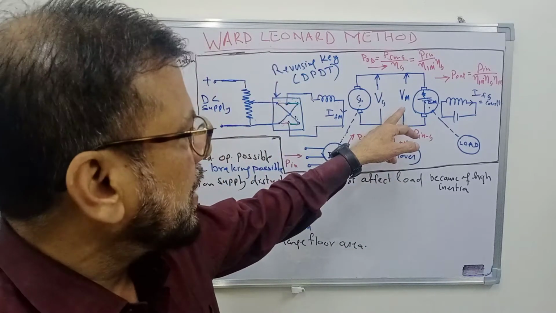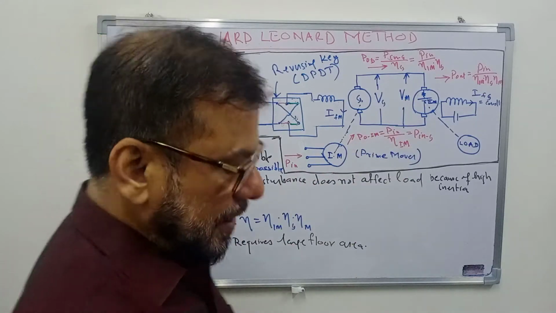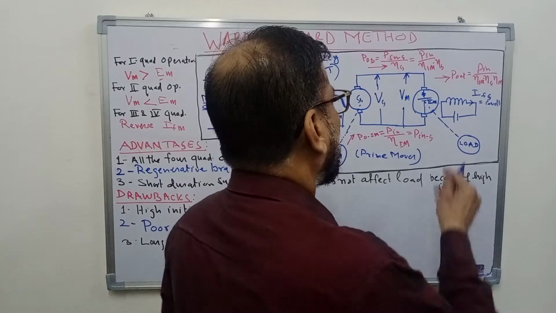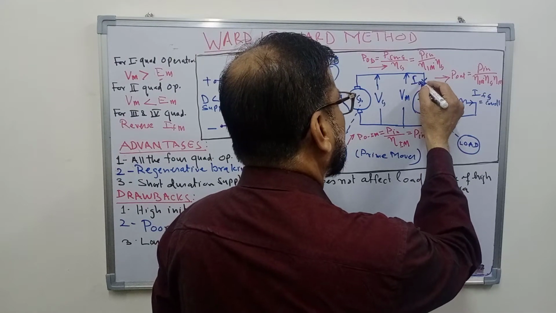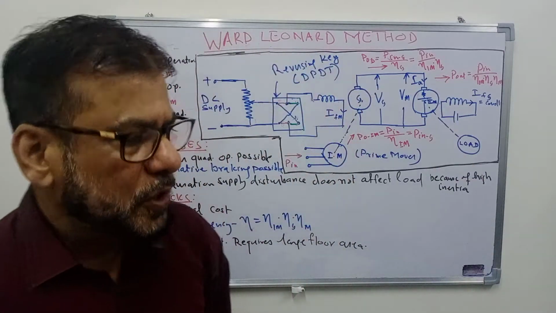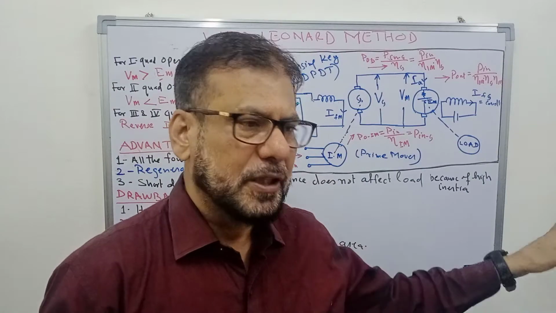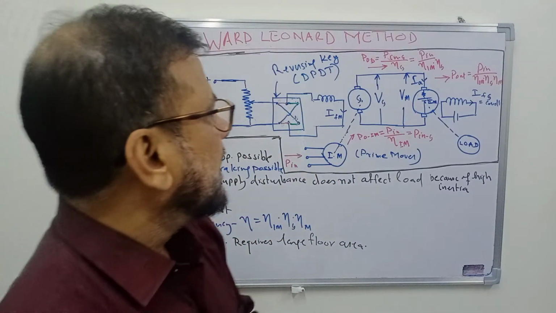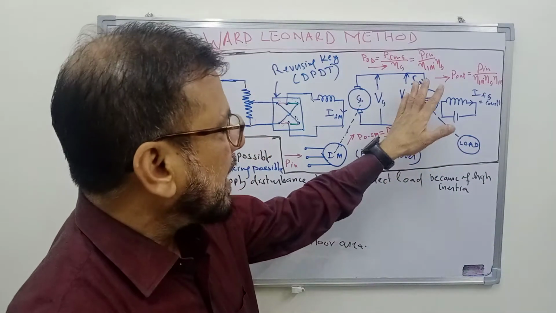So we have to actually vary this voltage Vm, and the current that is flowing here in the motor is the armature current Ia. This is a function of load on the motor, that is, it is proportional to the torque required by the load. So this current will vary as the load varies, and this will be a high current.